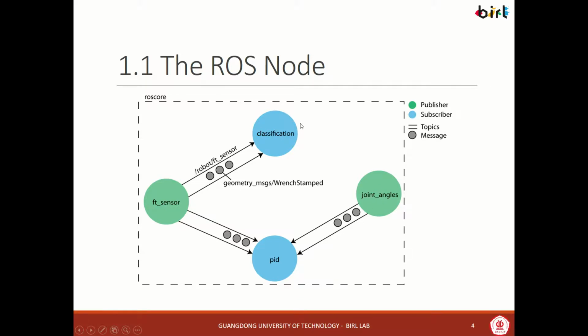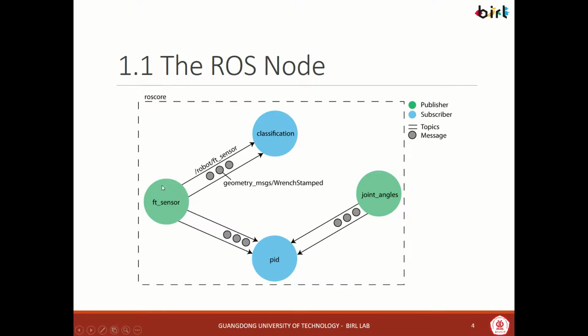The blue nodes might be the subscribers, things that want to get information. Maybe you want to do some kind of classification task using machine learning for something, or you might have a PID controller that needs information like the goal states before it can move the robot arms or legs to a particular location.